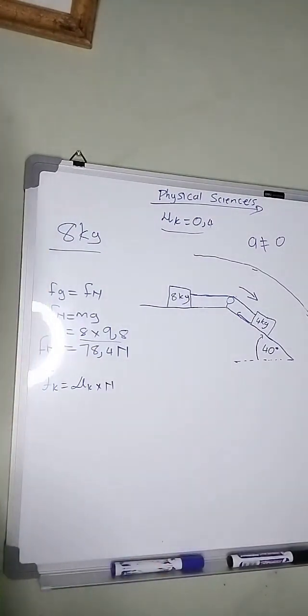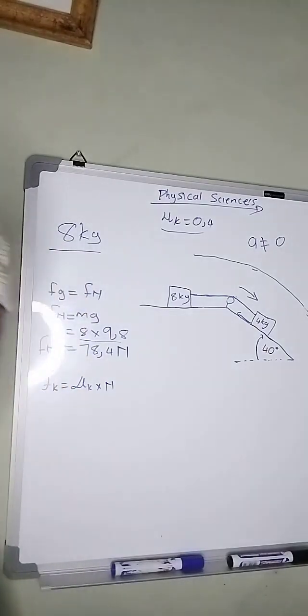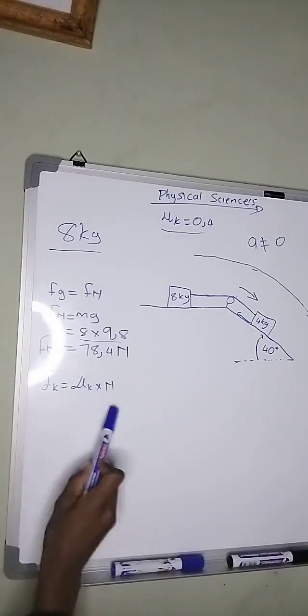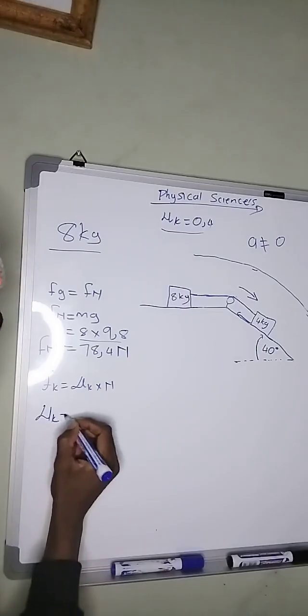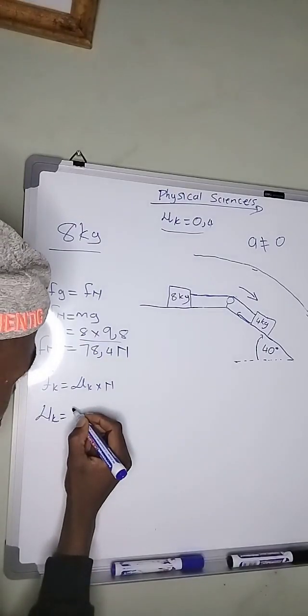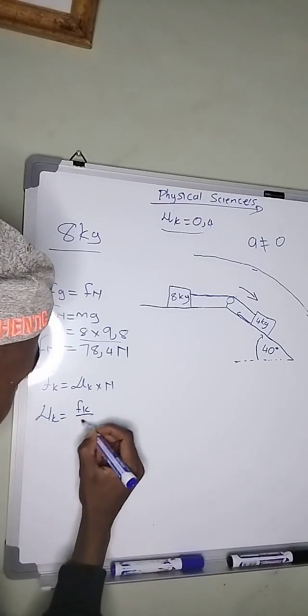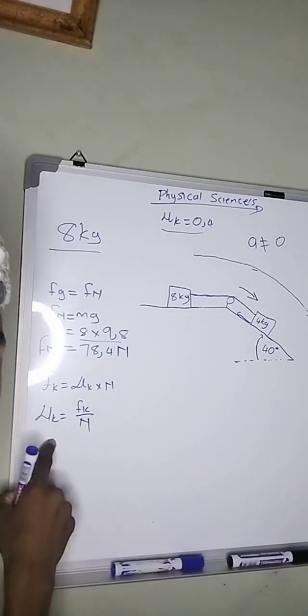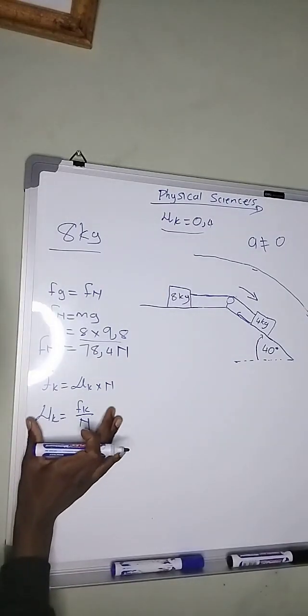And guys, let me give you a free advice. Whenever you want to calculate something, copy the formula as it is in the formula sheet. Sometimes it can be represented like this, or sometimes it can be written like μk is going to be equal to Fk divided by N. If it's like this on the formula sheet, copy it like this.